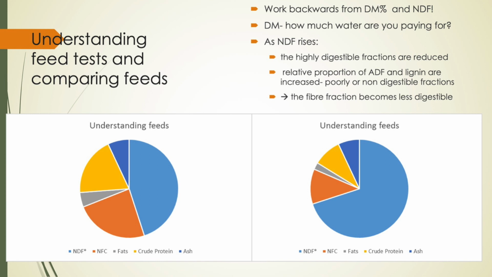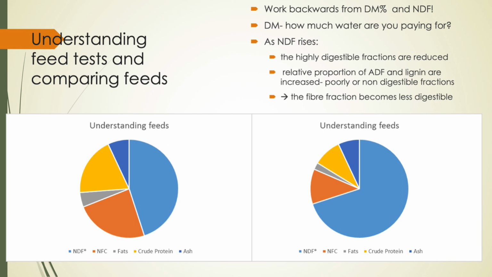Understanding your feed, if you look at any feed, there are five components to it in general. If you broadly cut it back, there's the NDF or the fibre. There's what we call the NFCs, the sugars, the starches, the readily available fermentable carbohydrates. There's the fat in most feeds, there's the crude protein, and then there's the ash. The ash is the minerals, the stuff that's not digestible but has a mineral value.